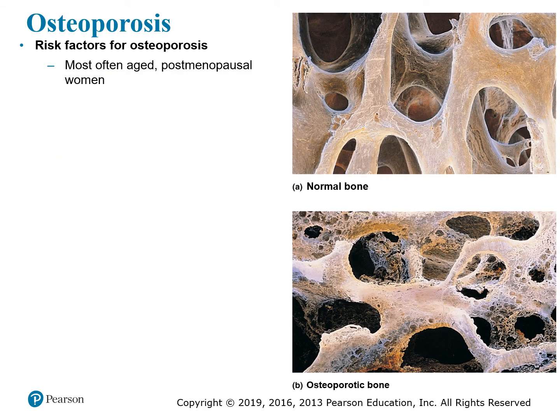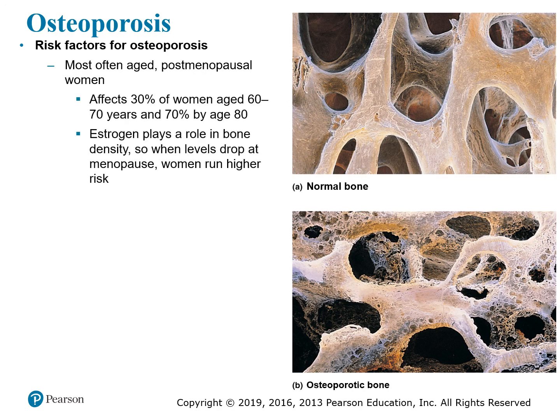So this is a picture of osteoporosis, which happens most often in aged and postmenopausal women. So up at the top, you see trabeculae of normal bone, and at the bottom, you see osteoporotic bone. And as you can see, there are holes in the bones. Osteoporosis literally meaning porous bones. So the reason why this affects 30% of women aged 60 to 70 and 70% of women by age 80 is because estrogen actually plays a role in bone density.